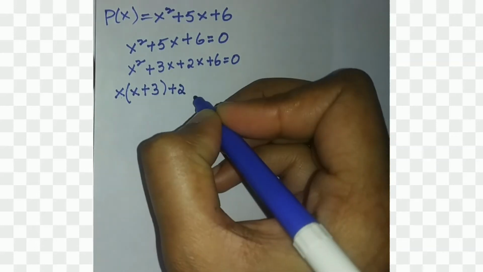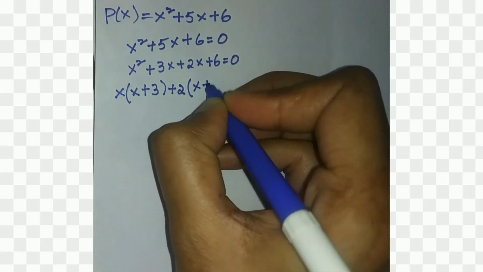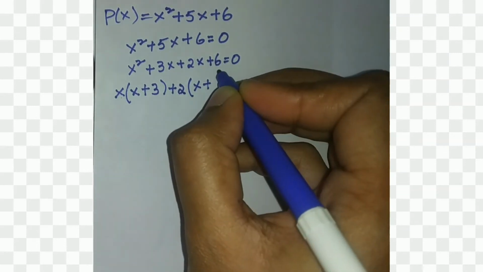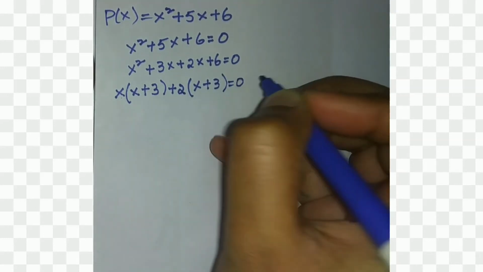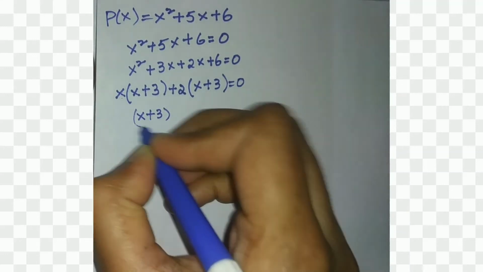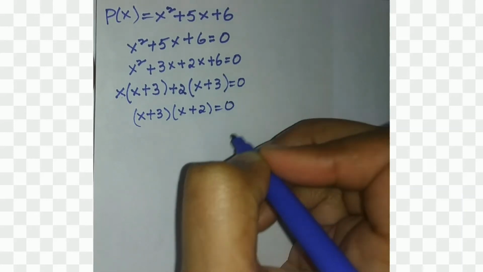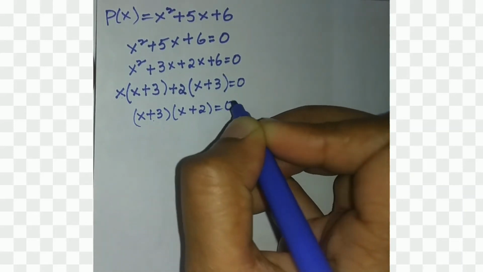So by taking 2 as common, the remaining term is x plus 6. So we have taken 2 as common. So what will be the remaining? 3. 3 2s are 6. So x plus 3 into x plus 2 is equal to 0.